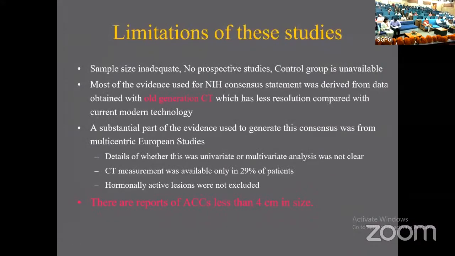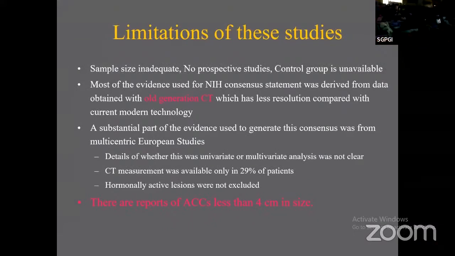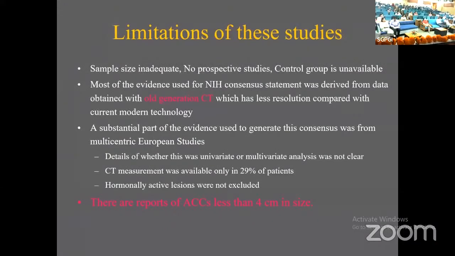But if you look at these studies closely, you will find that they are limited by the fact that in most of them, old generation CT has been used, which has less resolution, so you cannot really rely on the exact size cutoff. In some of the studies, it is not clear whether it was univariate or multivariate analysis.